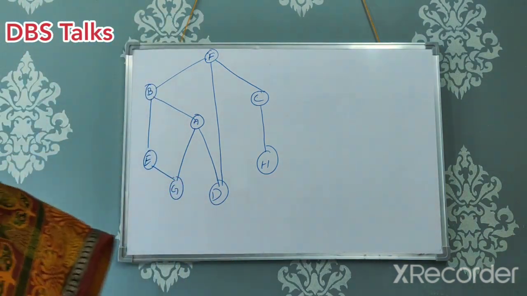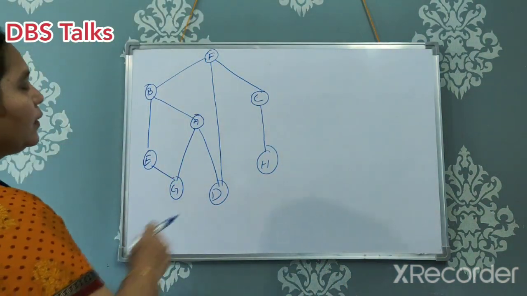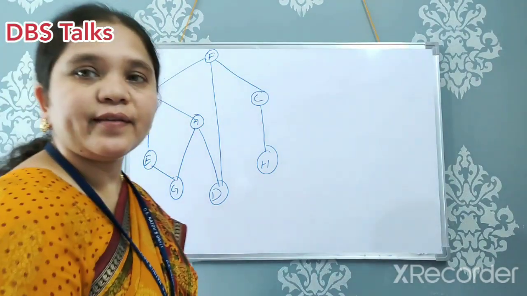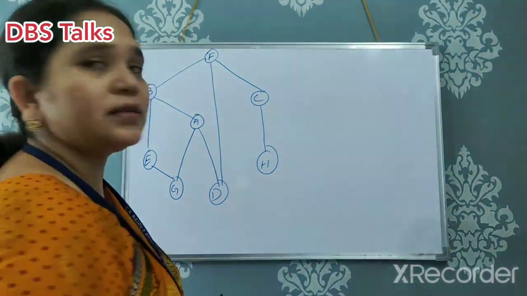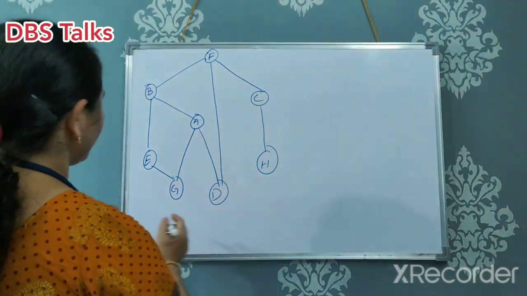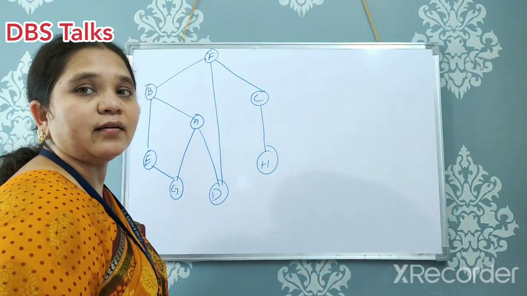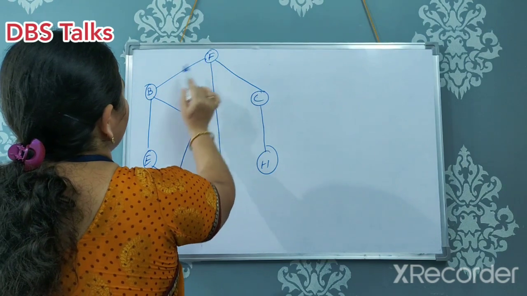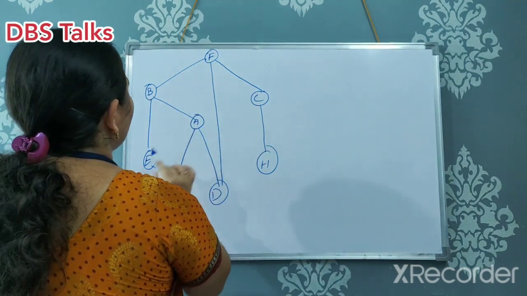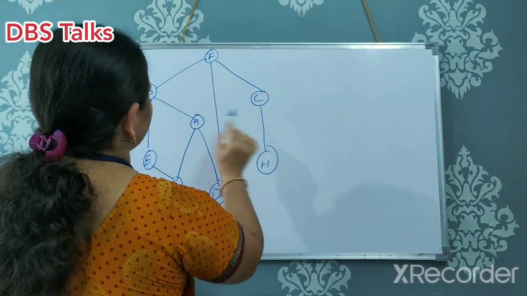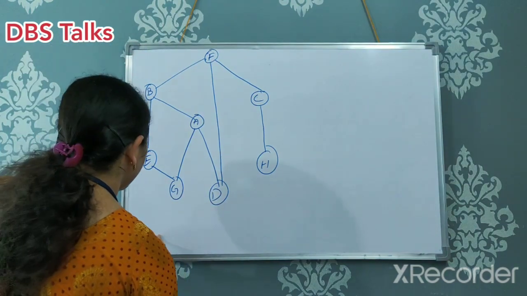Now I am going to perform BFS, breadth first search, for this graph. What is the maximum size? The number of vertices. How many vertices? 1, 2, 3, 4, 5, 6, 7, 8. Total 8 vertices.